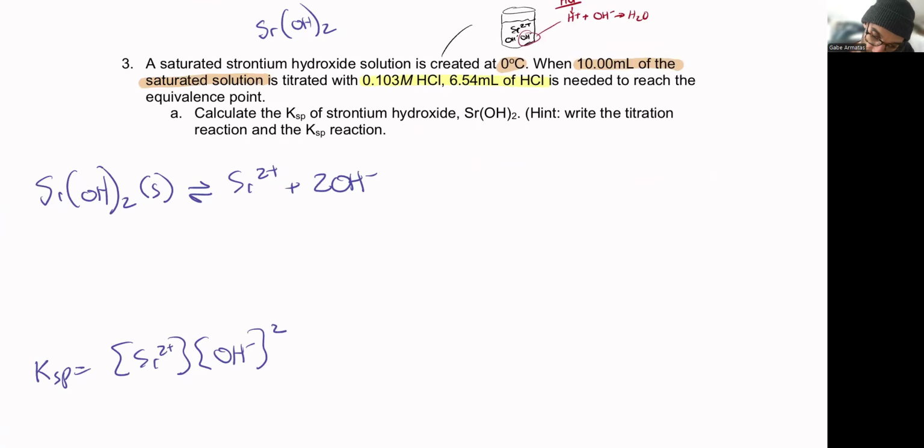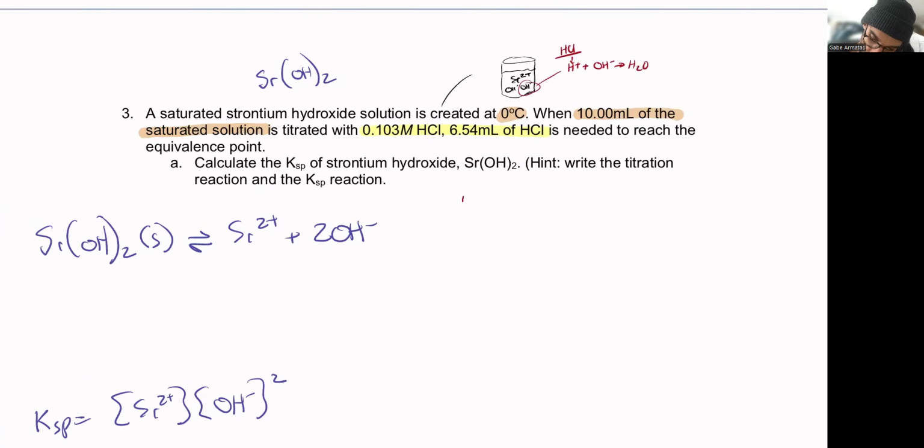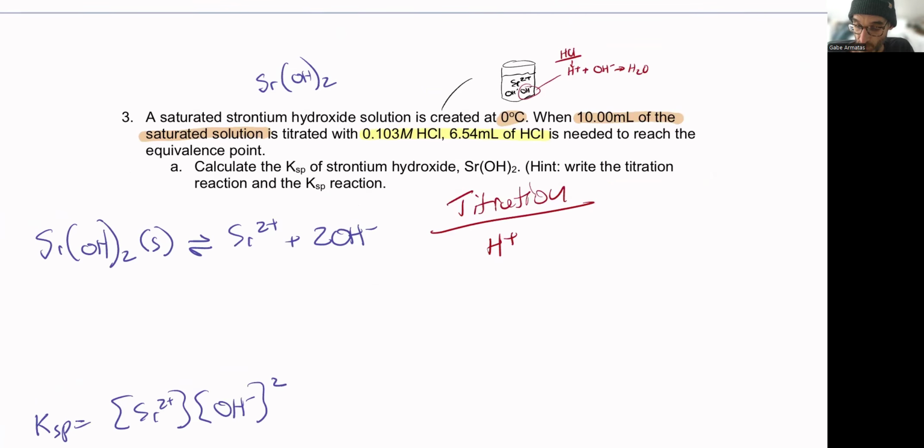But again, when we're doing a titration, we are trying to detect my H plus or HCl, just bringing one H that is going to combine with one of the hydroxides from that strontium hydroxide when it is dissociated to make water. So the important part here is this is a 1-to-1 reaction. So for every one H plus, I should have one hydroxide.